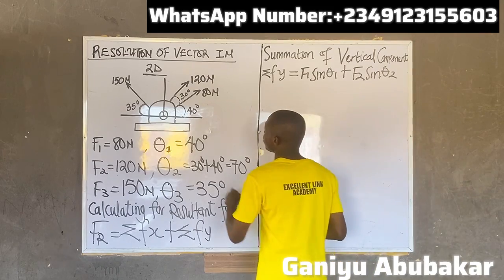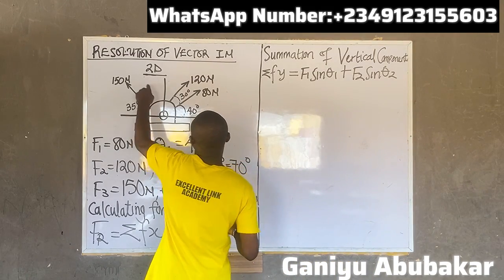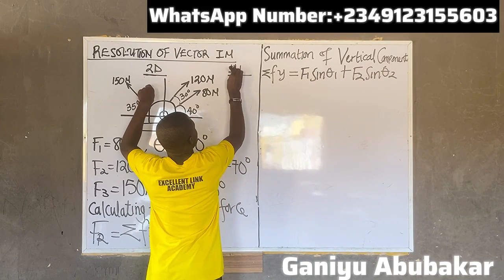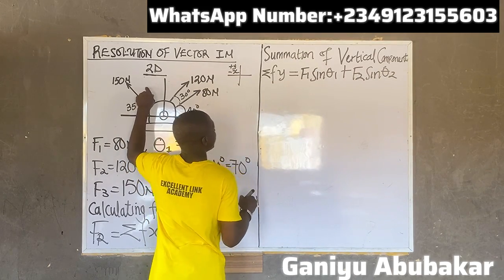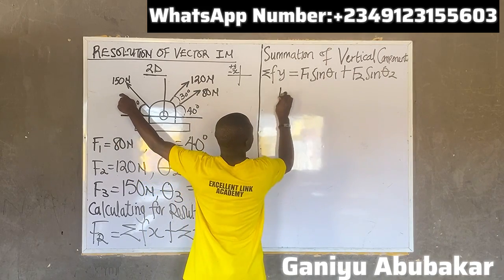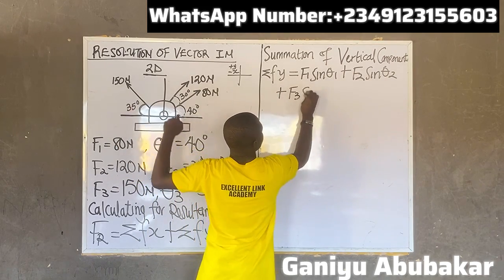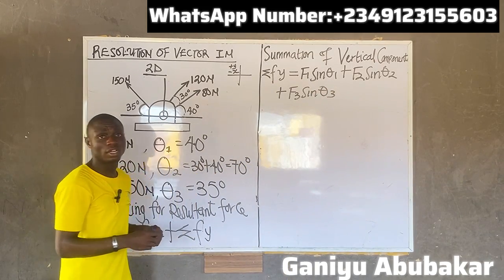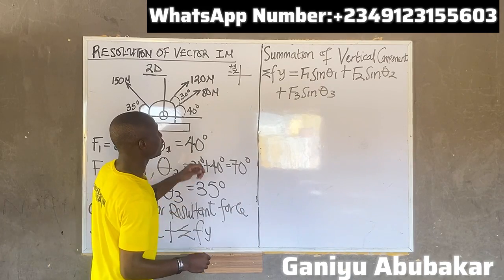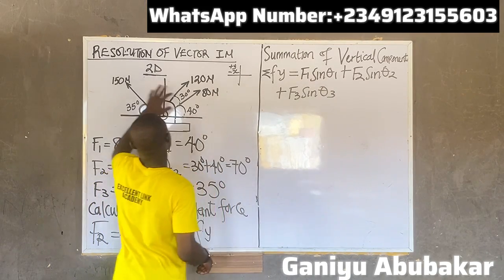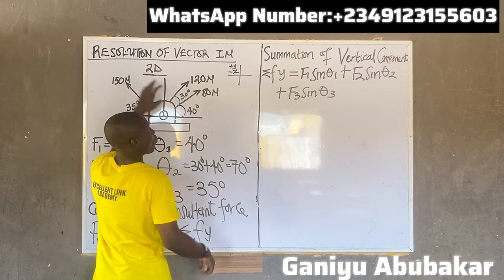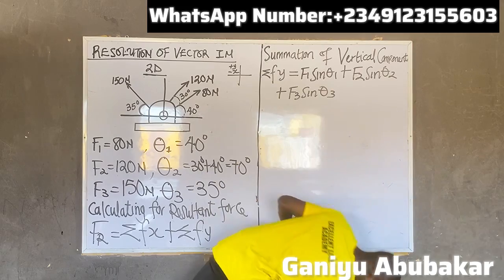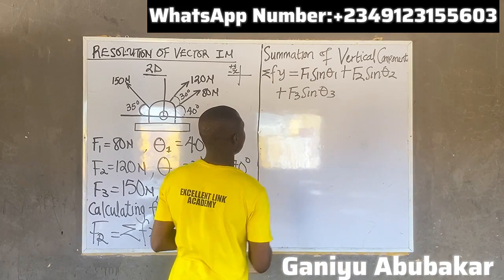For the second quadrant, we said y is positive, x is negative. So F_y, that's for the y-axis here, gives positive F3 sine theta 3. We said it is positive because in the second quadrant, y is positive. So I'm considering my vertical component, that's F_y, so it becomes positive, right?